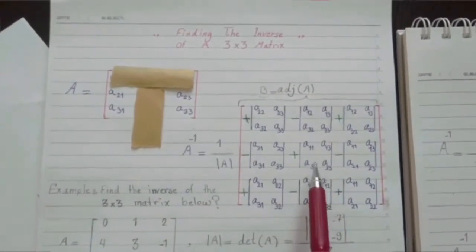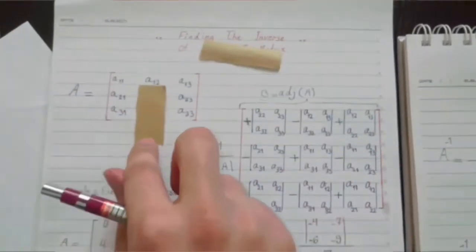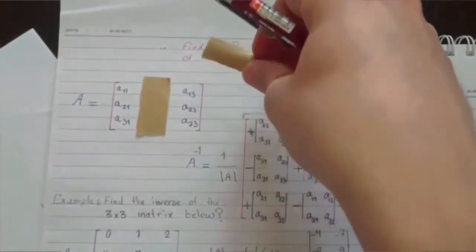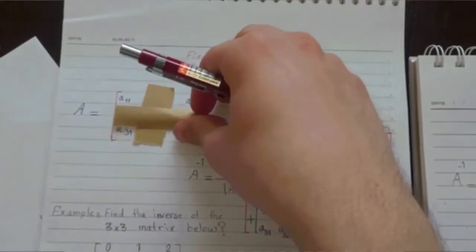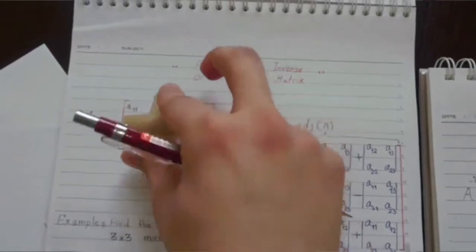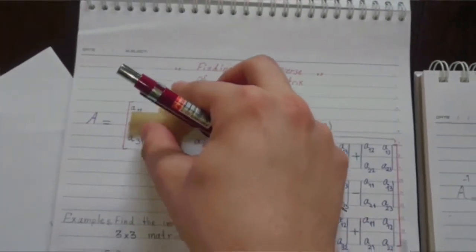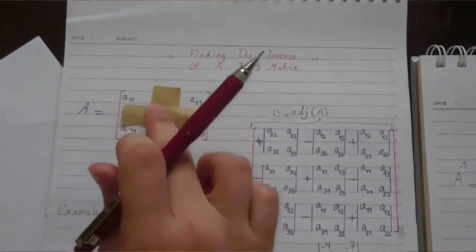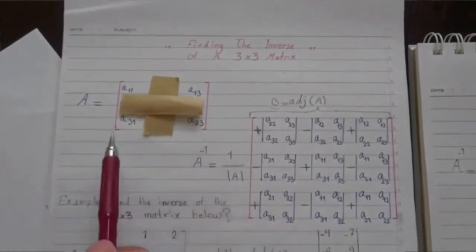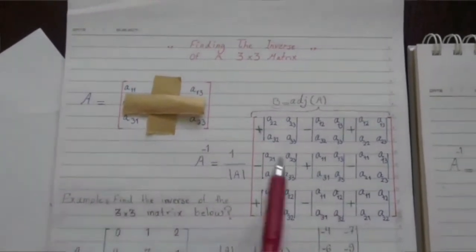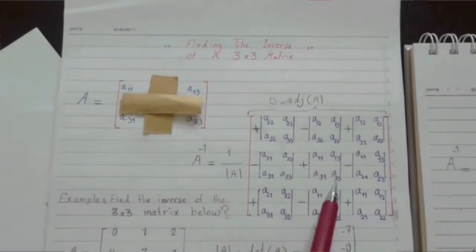The entry B sub 2 2 is equal to the determinant of the matrix of ignoring the second column and the second row that we are left with, which is equal to A sub 1 1, A sub 1 3, A sub 3 1, and A sub 3 3.